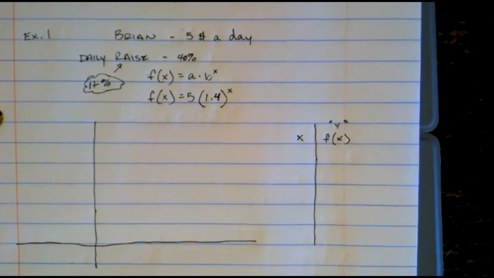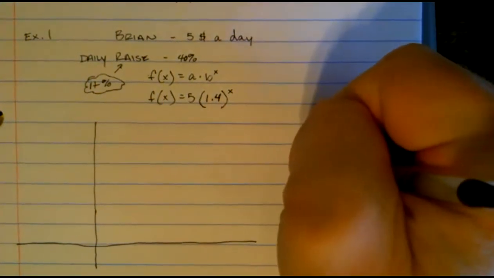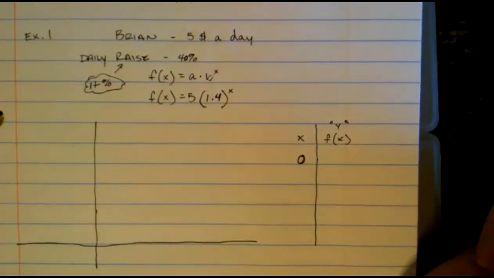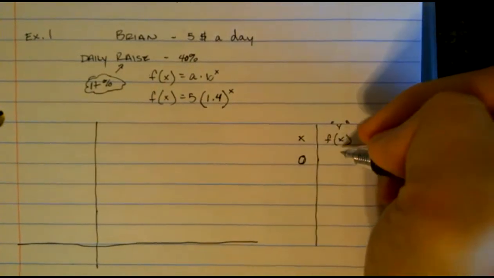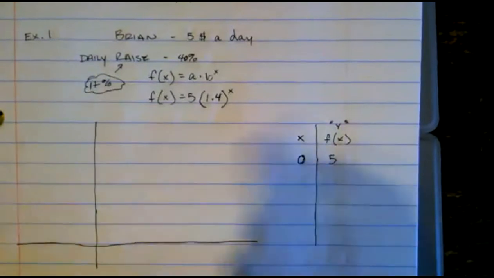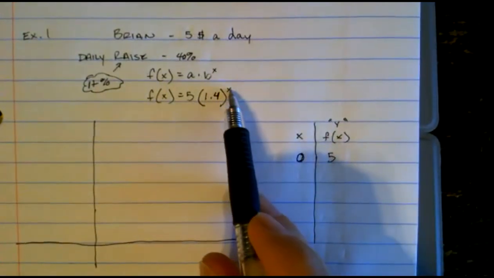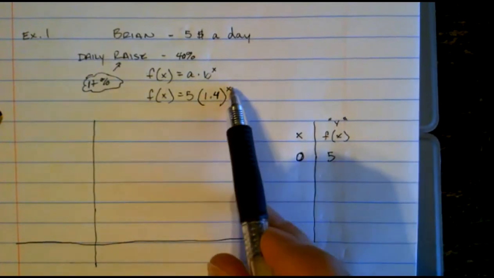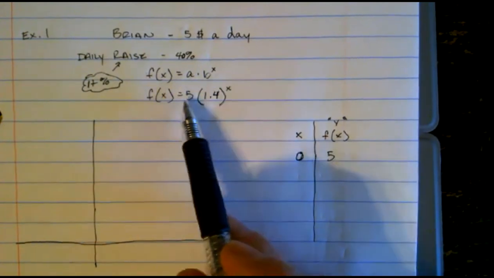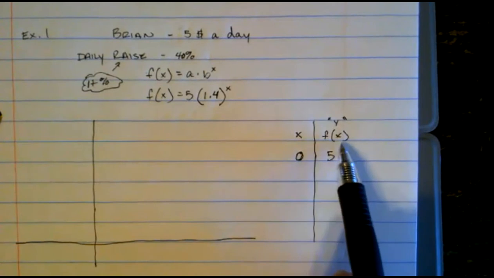We're talking about coordinates. Okay. So x at 0, meaning 0 days, before any time has passed. What is the initial value? Well, it's 5, because we put 0 right here. So 5 times 1.4 to the 0 power. Well, anything to the 0 power is 1. So 5 times 1.